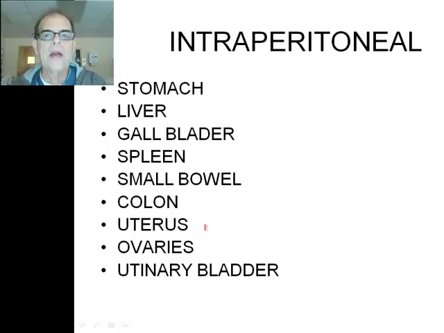All these organs are intraperitoneal. All these organs are covered by a visceral peritoneum.